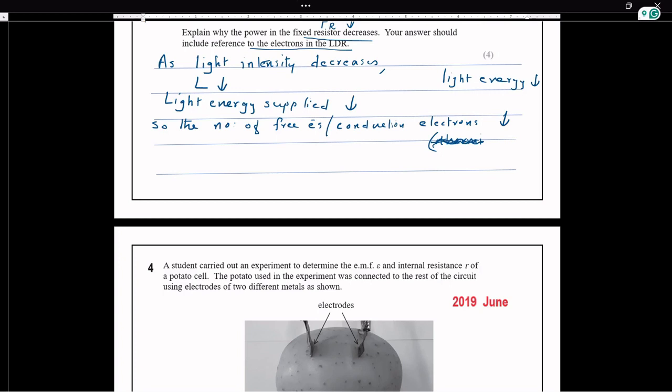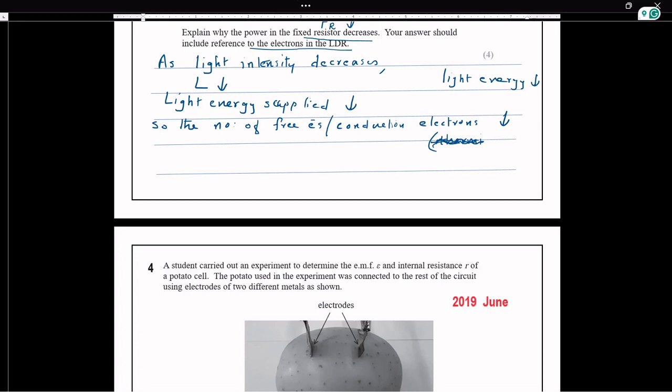The number of electrons emitted with the help of light energy decreases. The number of electrons that become free by absorbing light energy decreases, because the energy decreases, so the number of electrons becoming free electrons decreases.